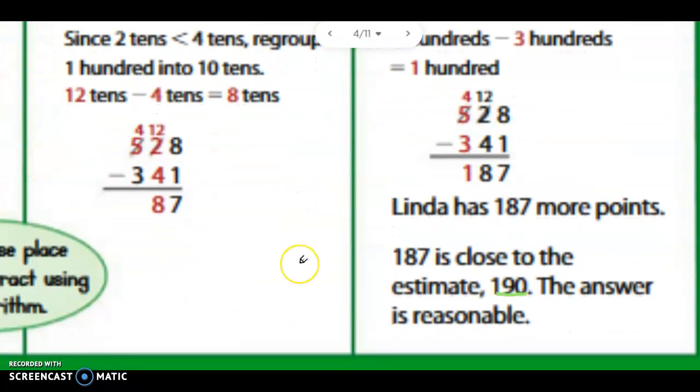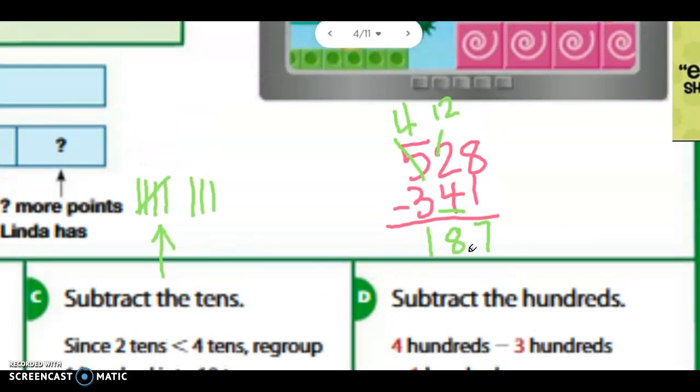Now remember, we can check our answer by estimating. For this one, we will be estimating and rounding to the nearest 10. So grab a different color. And I'll be estimating 528.